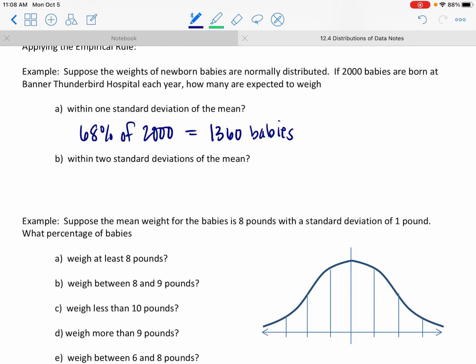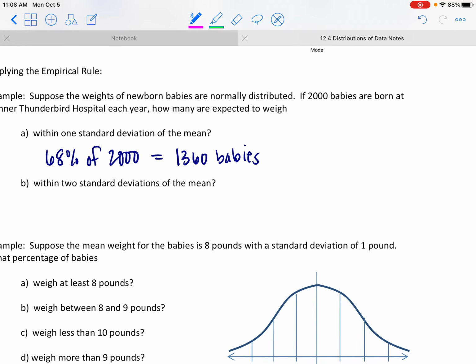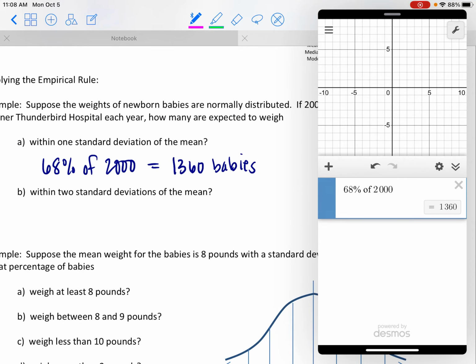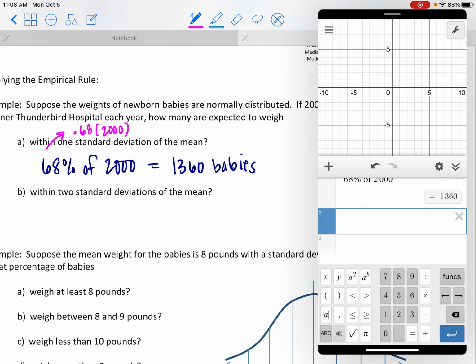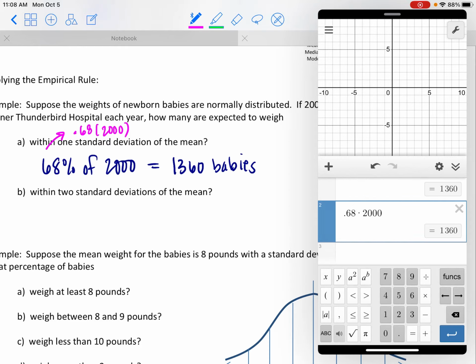And then this math, if you were not using Desmos and it didn't have that percent button: 68% of 2000, 68% is 0.68. Of means multiply. If you multiplied 0.68 times 2000, you're going to get the same thing. So that's the math behind that, okay?